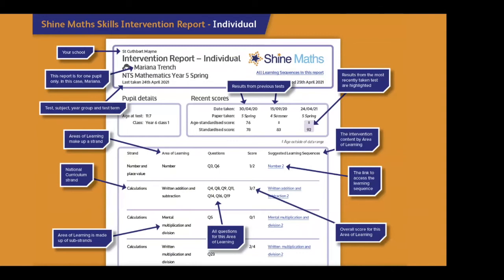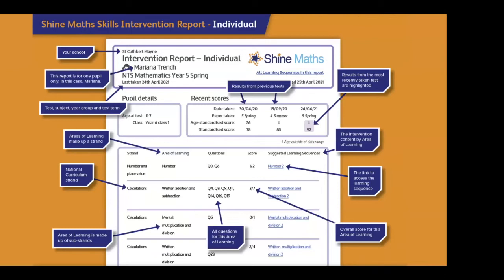So when you look at a maths report, if you're doing the Rising Stars RS assessment Shine maths for the PUMA as well as the PIRA, you do get a Shine report for maths as well. So this would look a little bit like this if you were doing the maths. So you've got your strand for your number and place value, your calculations and so on, but then it breaks it down into various areas of learning underneath.